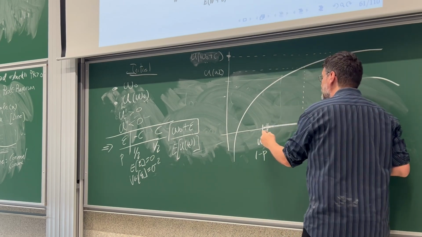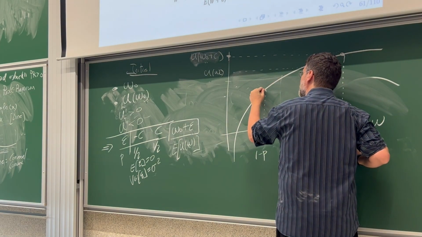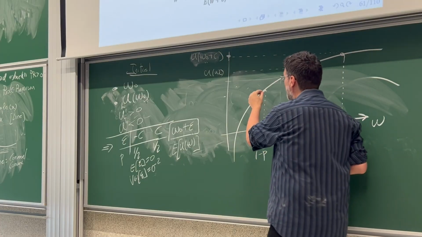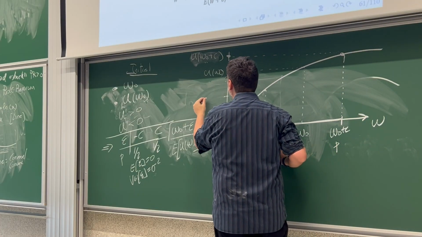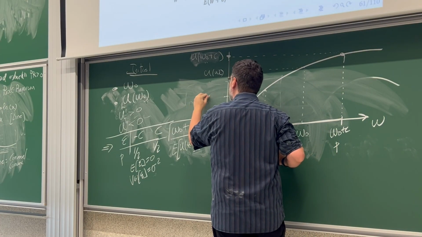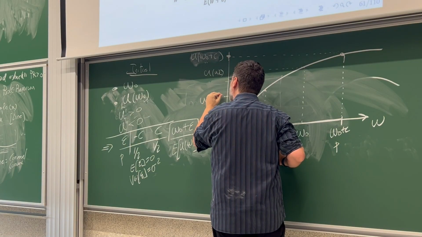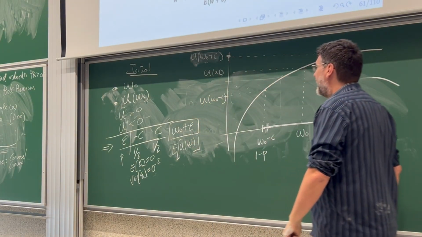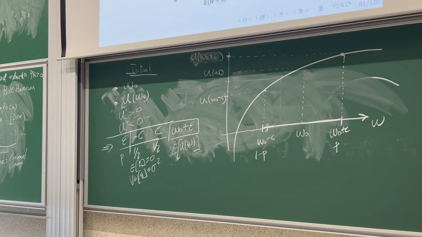But if things go wrong, then you reach this point, and this is the utility evaluated at the new level of wealth that has decreased, and hence your level of utility decreases. At this point, it should be clear graphically why this guy will dislike this game.